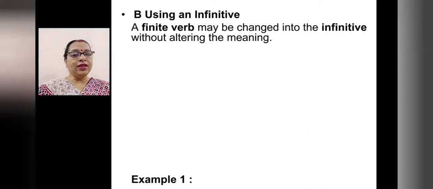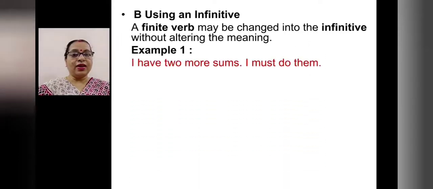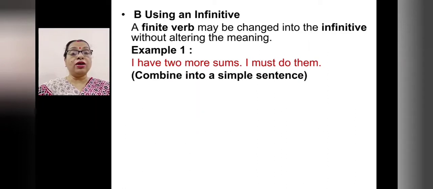Now let's see the example. I have two more sums. I must do them. Combine into a simple sentence. Here, the question of time does not arise. The second sentence, I must do them, merely adds something to the sums you have to do.